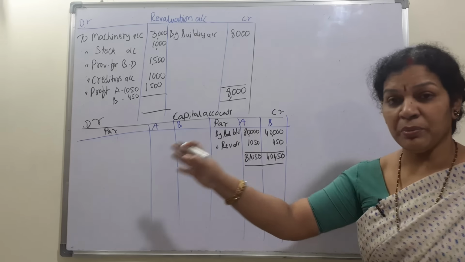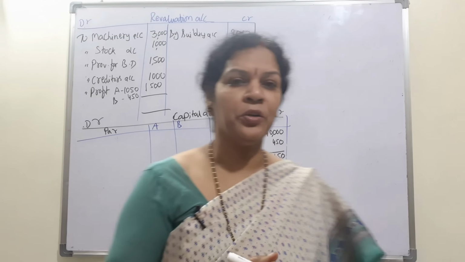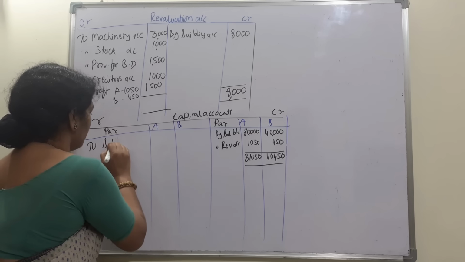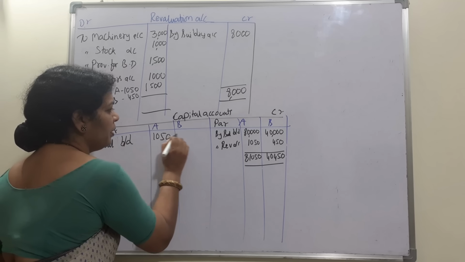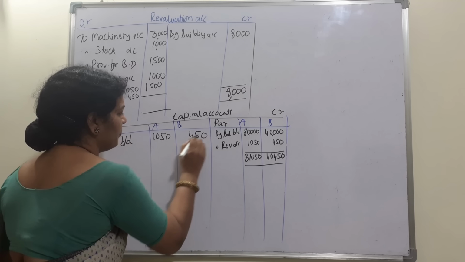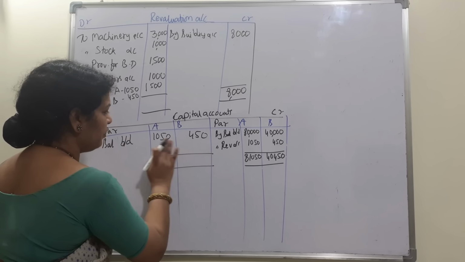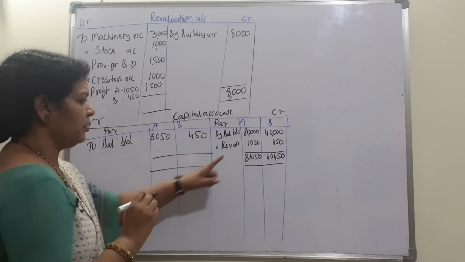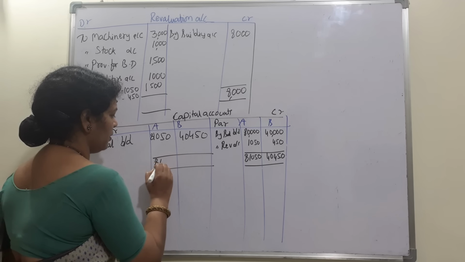So what do you write? This will be transferred to the debit side. Debit side nothing is there. So what do you write? To balance carried down. 1,050 and 450, sorry, 81,050 and 40,450.